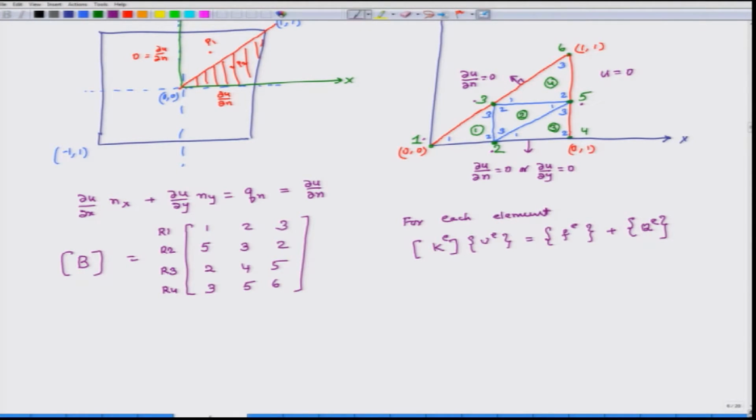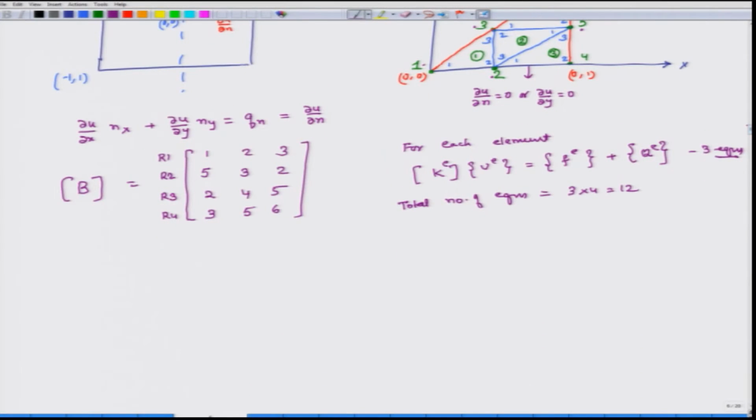If it were a rectangle, then for that element we would have 4 equations. Here we have 3 equations. Total number of equations at element level: it will be 3 times 4, 12 equations, right?